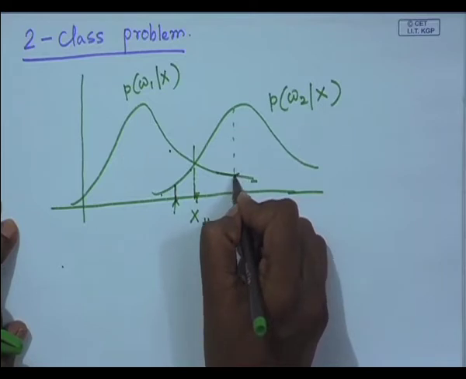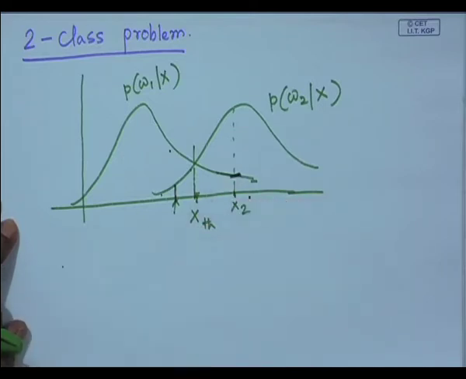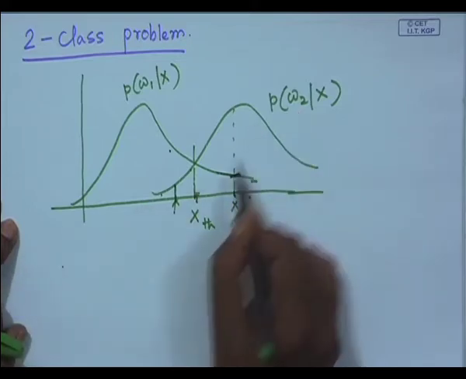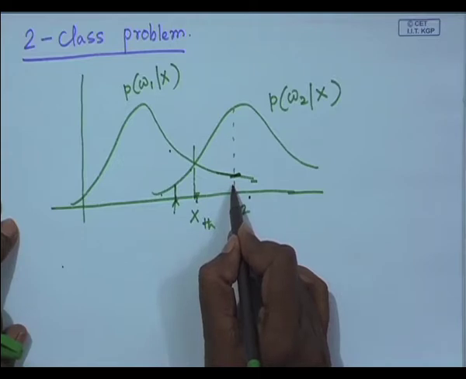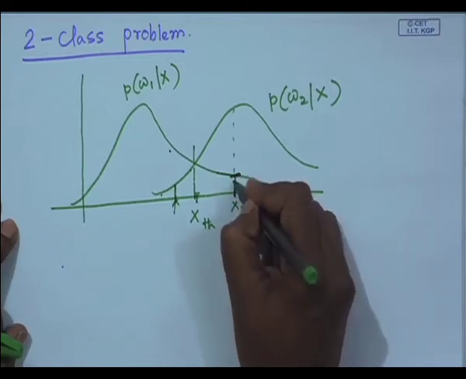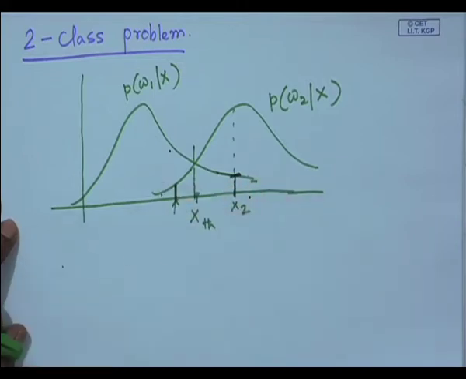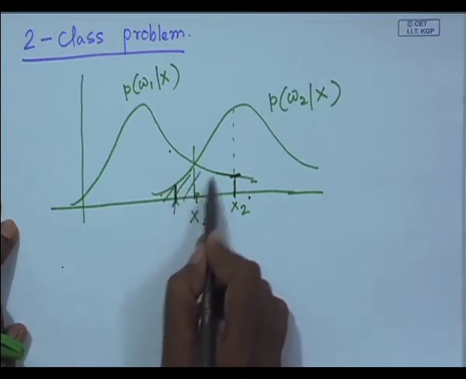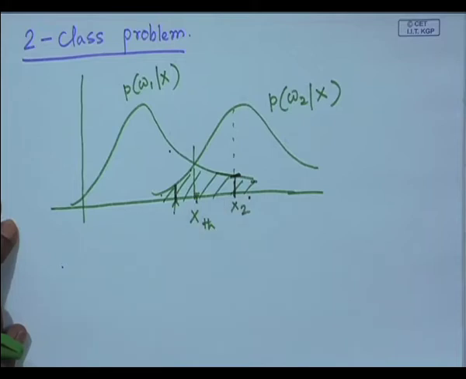But there is a finite probability given by this that the feature vector may belong to class omega 1. So, the probability of error over here is this much, the probability of error over here is this much, and the total probability is nothing but the area under these two curves.